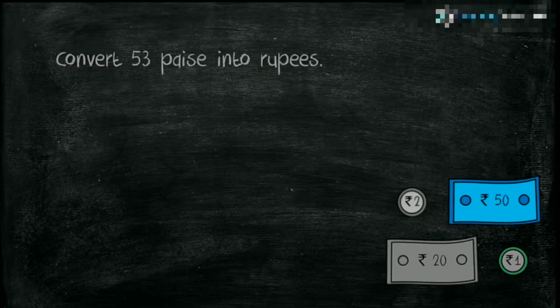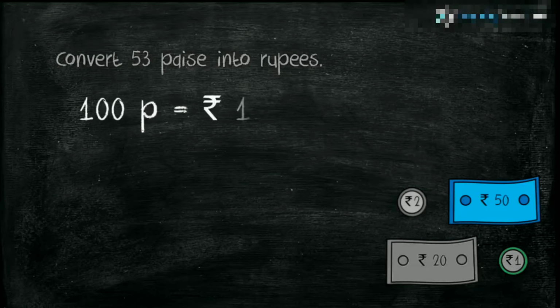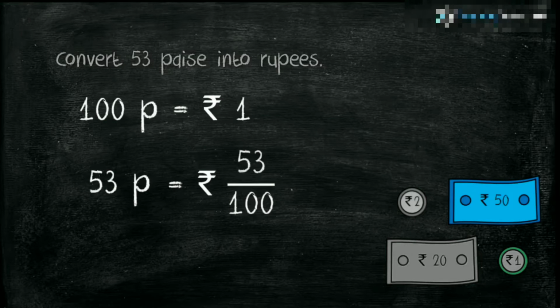Next question is, convert 53 paise into rupees. Students, to convert paise into rupees, we will divide by 100. Therefore, 53 paise equals 53 upon 100 rupees, which equals 0.53 rupees.